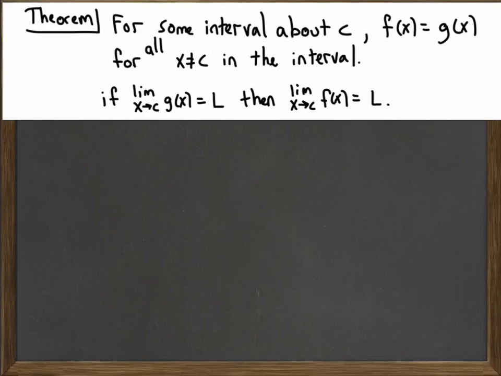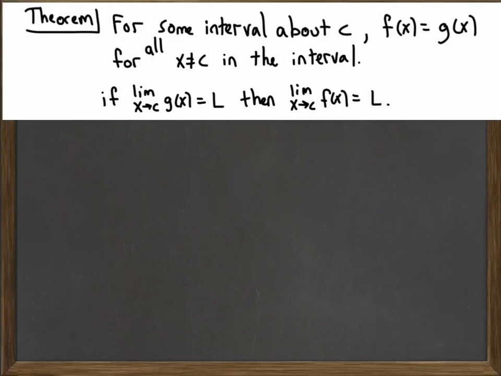And the idea is this: if we have two functions here, f and g, they're identical, exactly the same, except at one single little point c in some interval about c. So for some interval about c, f and g are identical for all x not equal to c in the interval.